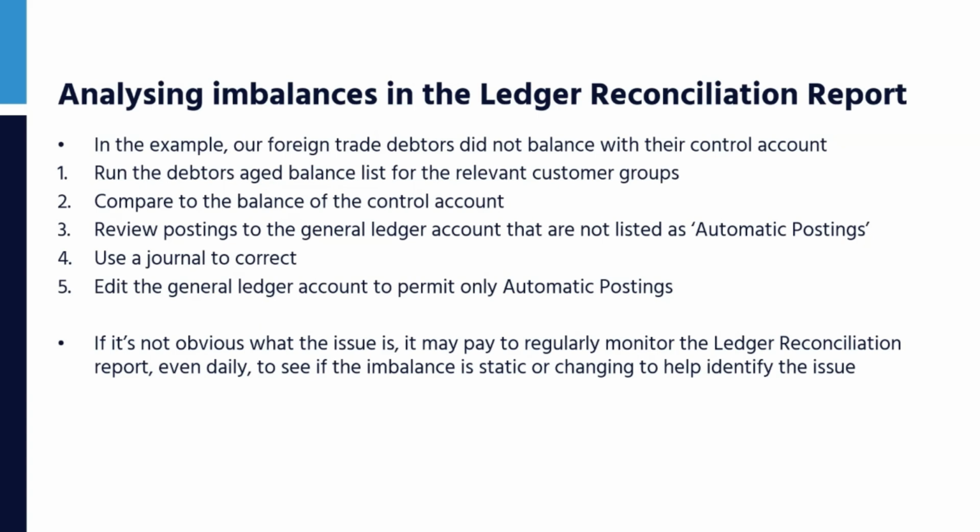And then I'd compare it to the control account, and I would run that report at different points in time. So I might go back to the end of the previous financial year and check to see where they imbalance then, and then go back to the end of the previous month, run the trial balance and the age balance list report, where they imbalance then, yes or no, and then I know kind of what time frame I'm looking at to try and find out what's going on there.